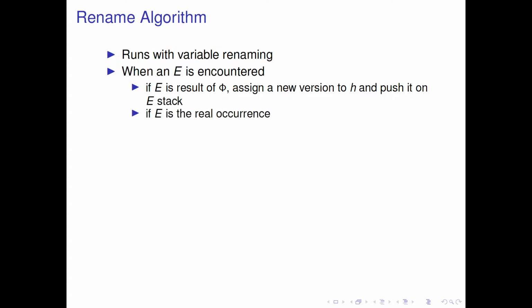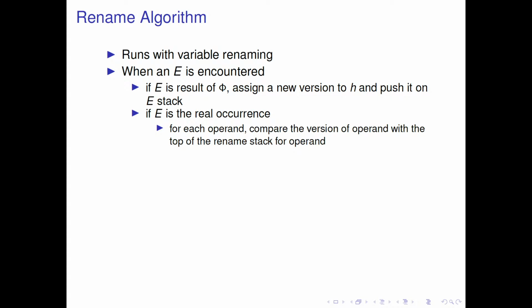If E is a real occurrence, the user has typed it, you don't know whether it is the first time or second time, you just encountered it, we don't remember anything, right, we are only looking at the local thing. But if the user has typed it, it will have its operands being versioned as well.